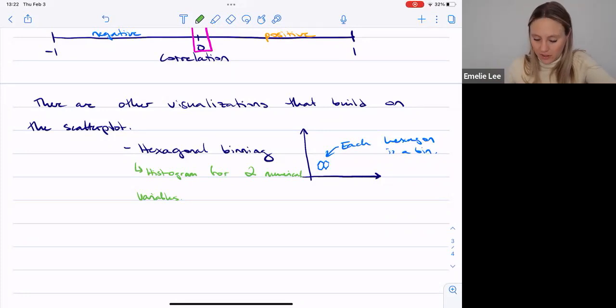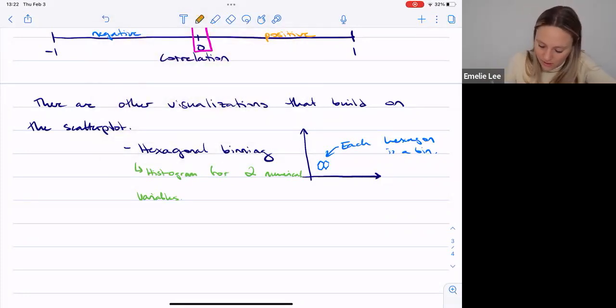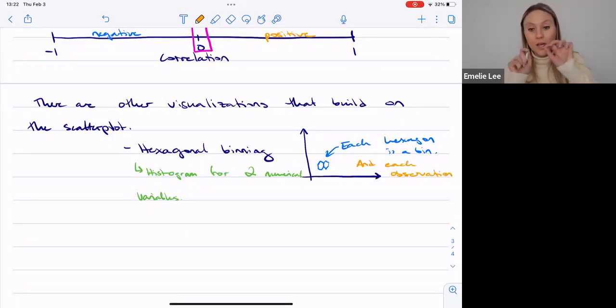Each hexagon is a bin and each observation, which is a pair, is placed in a bin. Yeah, and if you have a look in the textbook, they do show a hexagonal binning chart, and we're going to make one too, of course, because they made one, we make one.